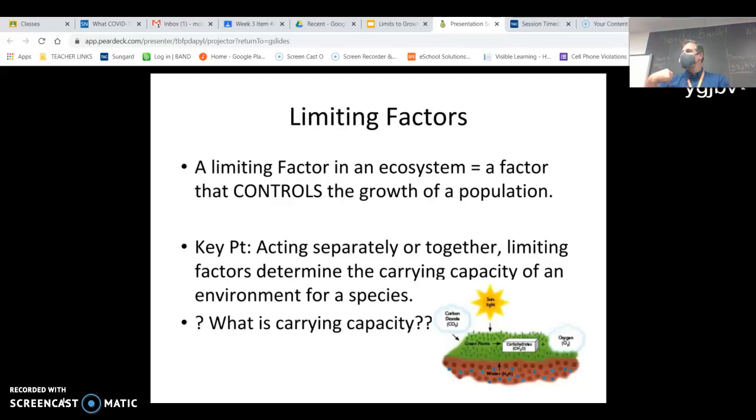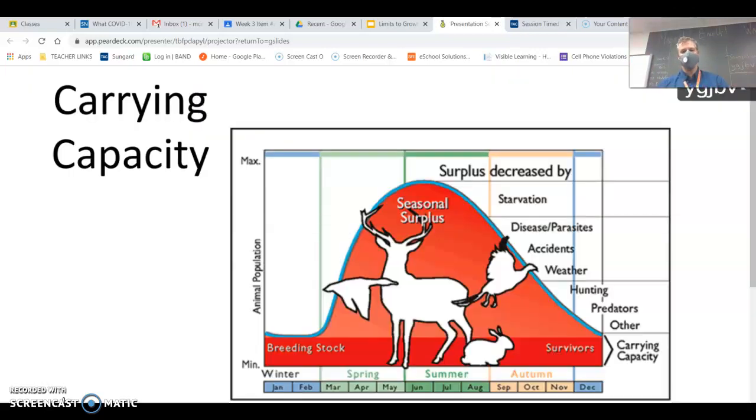And then if we're talking about food and water, then where organisms live, their shelter also becomes a limiting factor. Okay? So if we take into account all those limiting factors, then we can come to how many organisms can be held in one ecosystem, and that is called the carrying capacity.